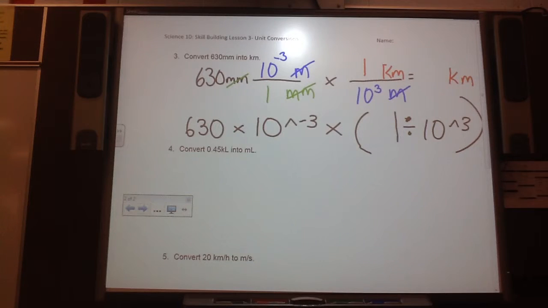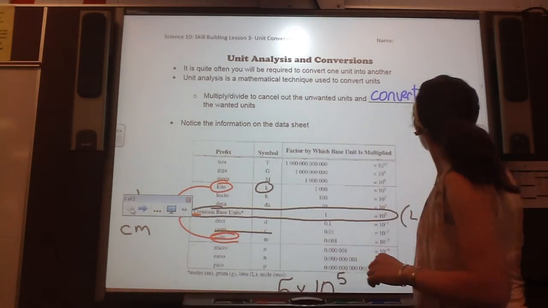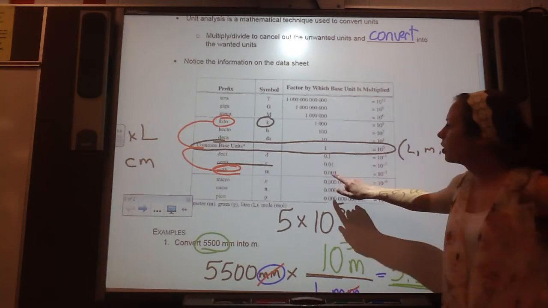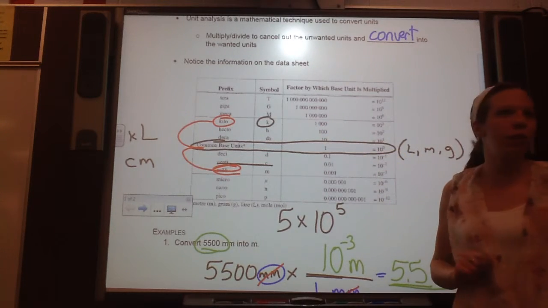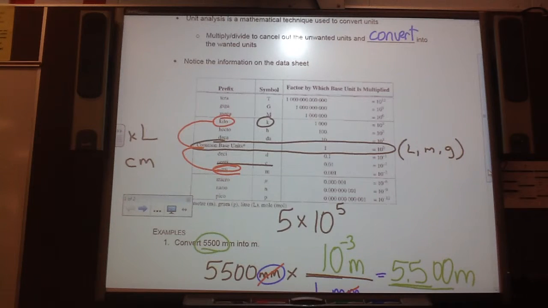I used the decimals. So you can see, right? If you wanted to go from millimeters to kilometers, how many decimal places do you move? Okay, so you can just count on the chart how many decimal places to move.